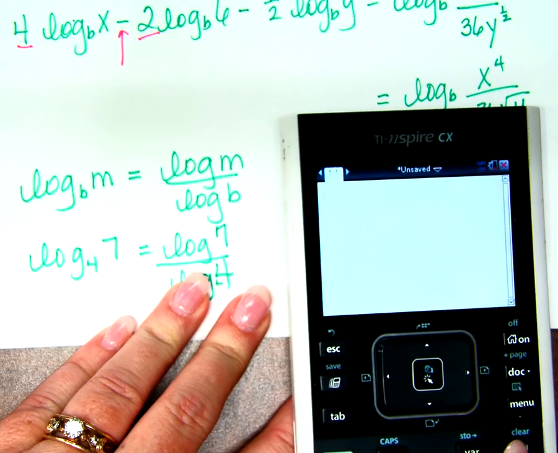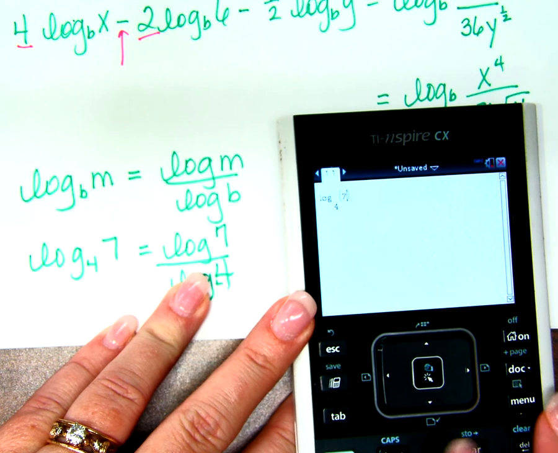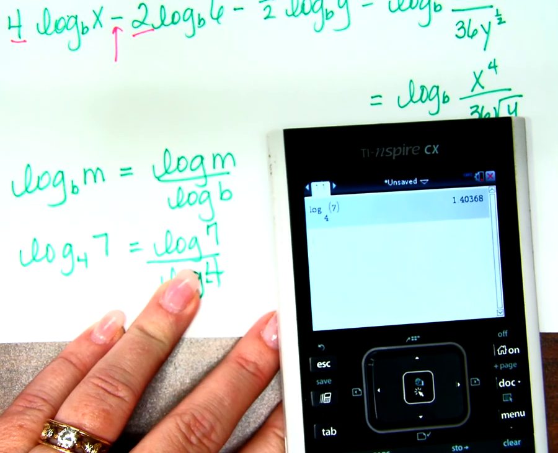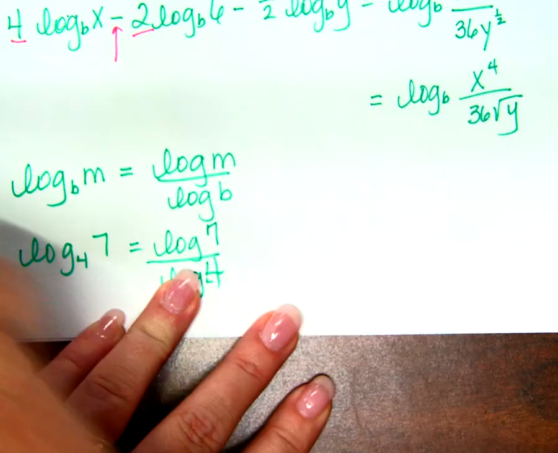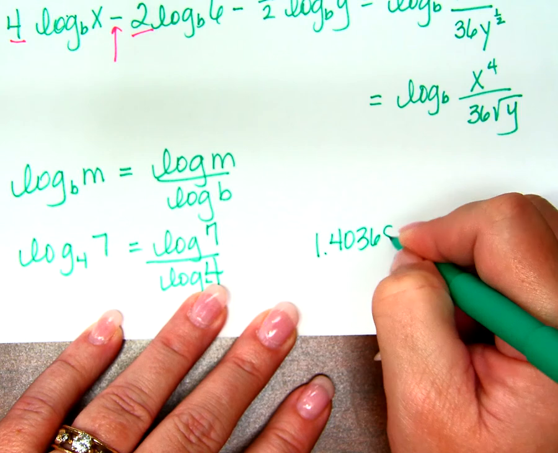Log base 4 of 7. Enter. Can you see that? 1.40368, right? 1.40368.